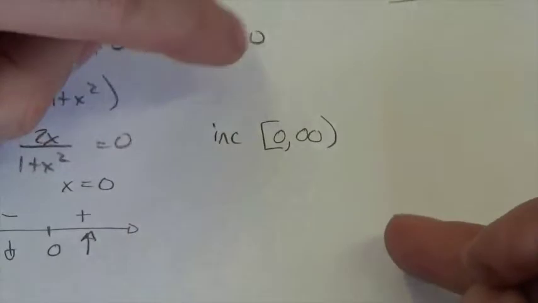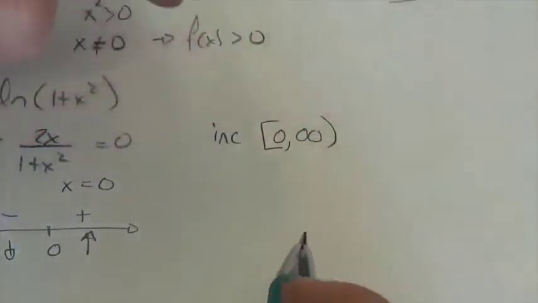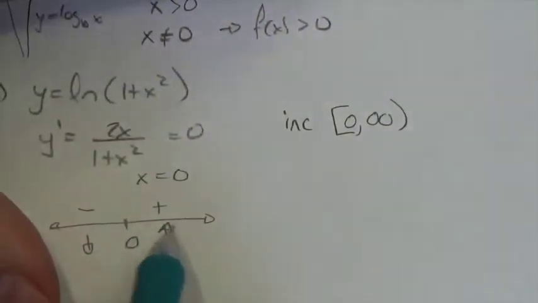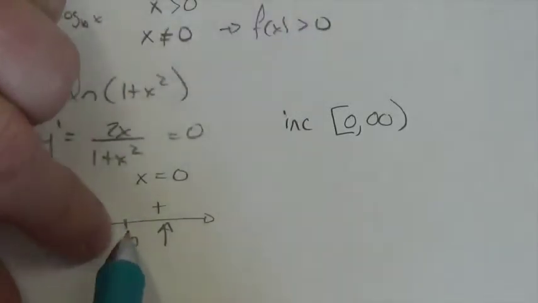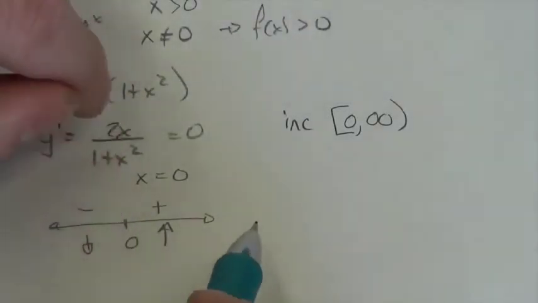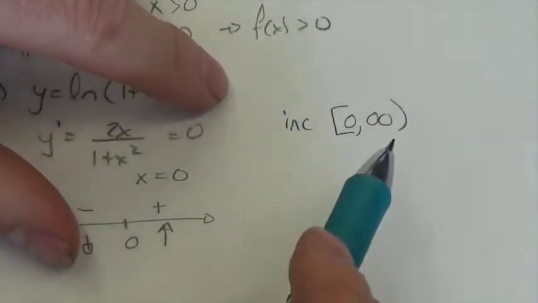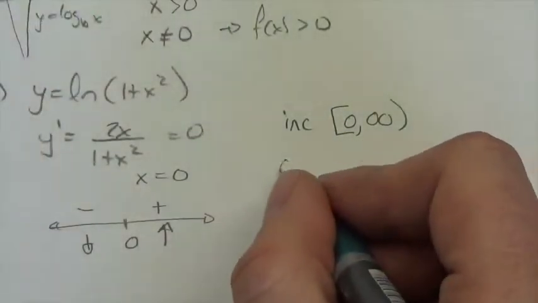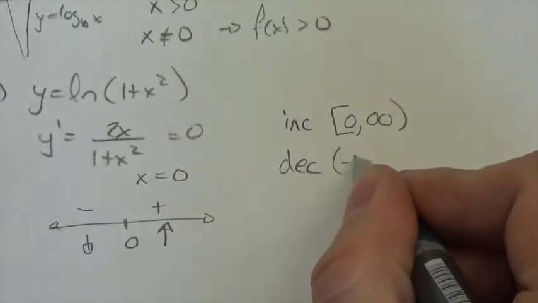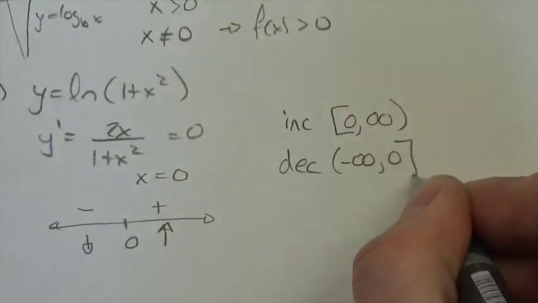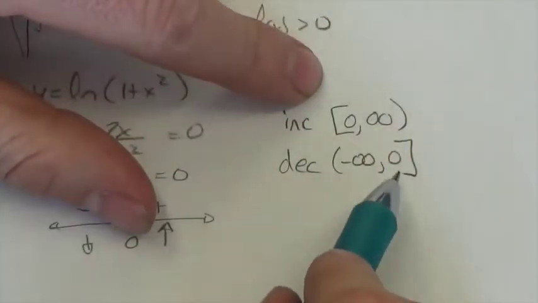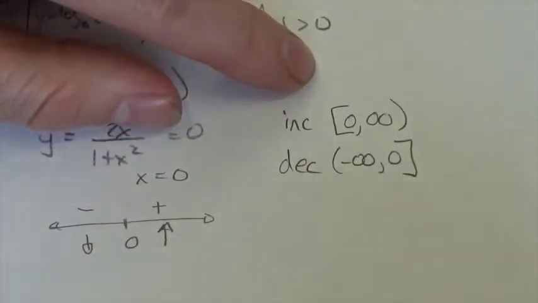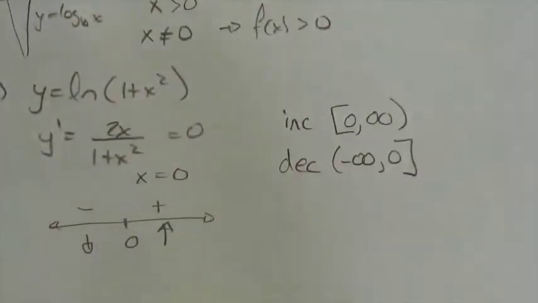And vice versa, if it's below, then it's decreasing. So when I see that my derivative is positive on this open interval greater than 0, I conclude that the function is going to be increasing on the half-closed interval from 0 to infinity. It will therefore be decreasing on negative infinity out to 0. And notice I'm including the 0 in that interval as well. That communicates something to me.